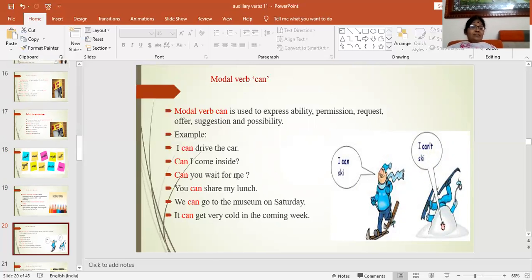It's a request. You can share my lunch. Offer. We can go to the museum on Saturday. Suggestion. It can get very cold in the coming week. There's every possibility, right? So, modal verb can is used to express ability, permission, request, offer, suggestion, and possibility.